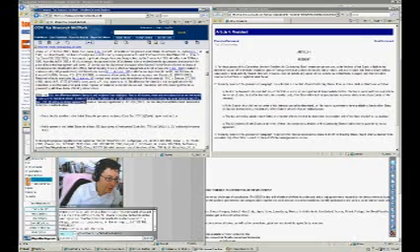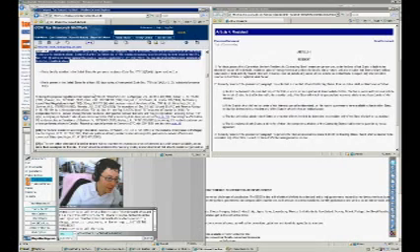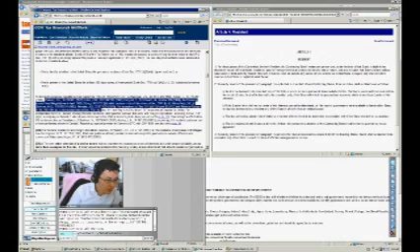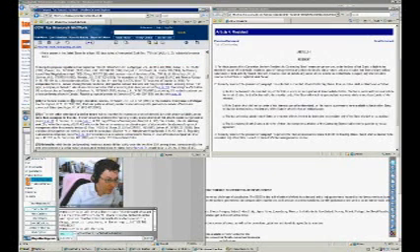Then we have the USA, and the description of the US and what it's done, followed of course by our neighbor Canada.